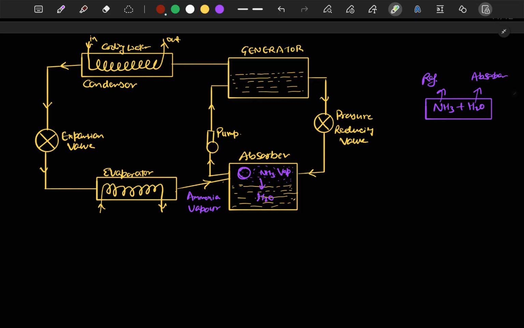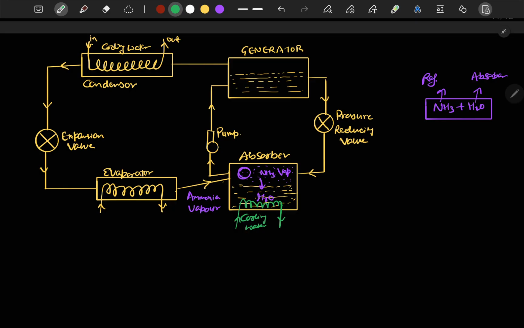So we have to cool down our absorber. We are circulating cooling water into the absorber to cool down our system. Since the system temperature decreases, solubility again increases, and the same cycle is maintained here.